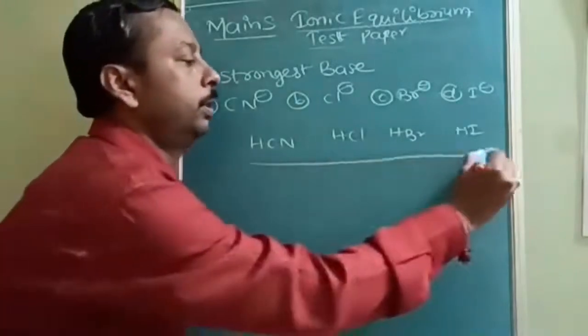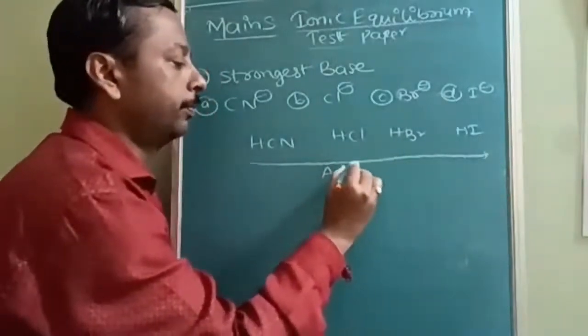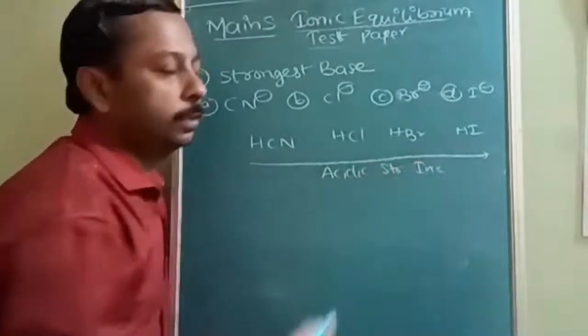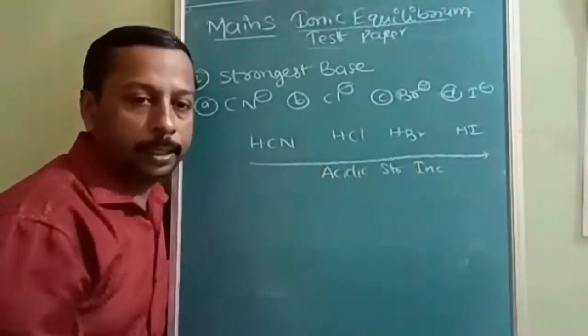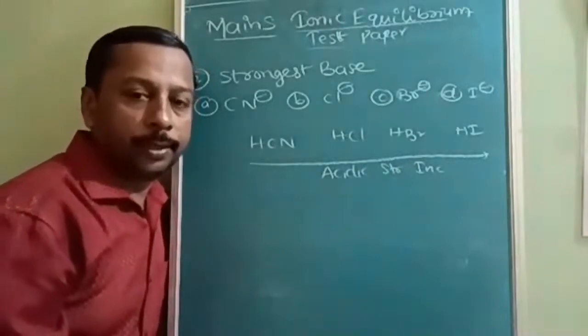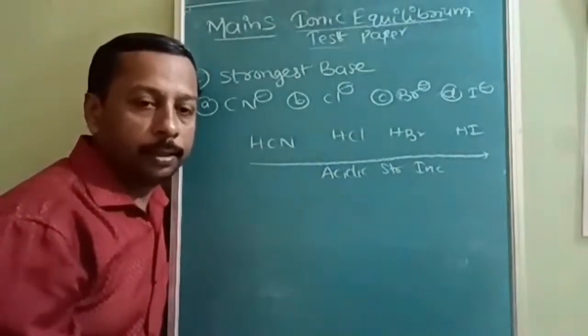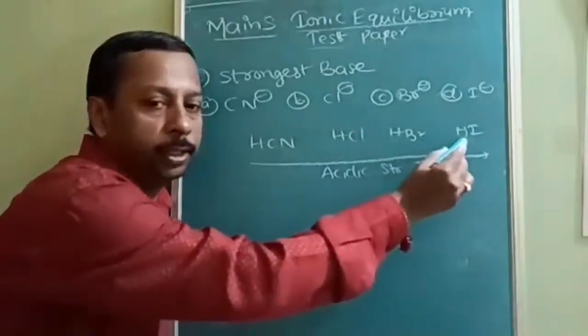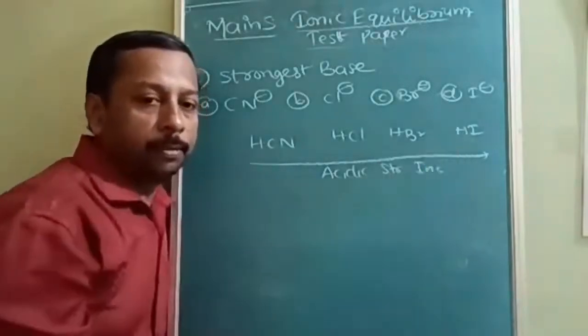From here to here, the acidic strength increases, because these are hydracids. In hydracids we should approach according to bond length. The higher the bond length, the higher the tendency to lose H plus, and therefore the stronger the acid.